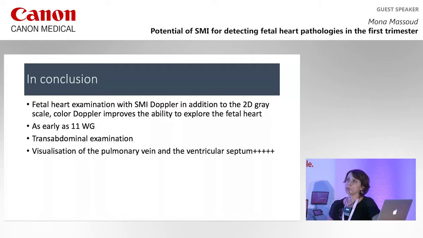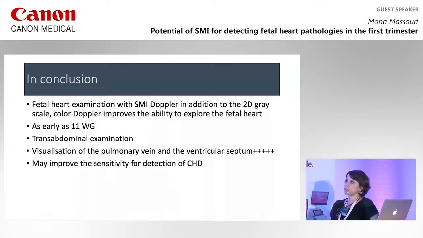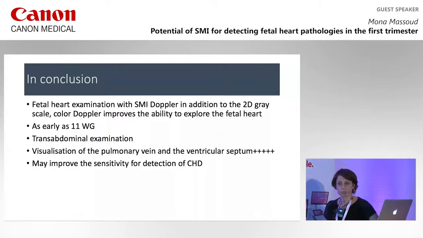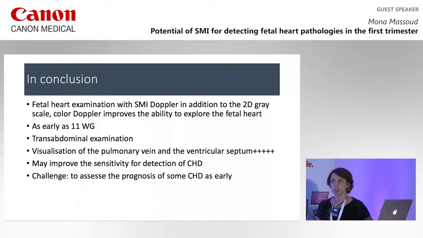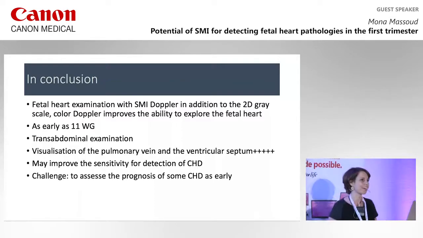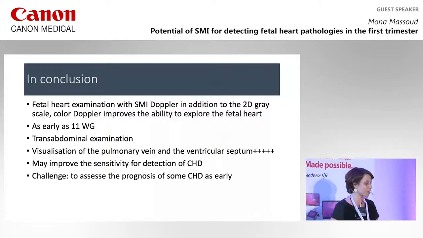With this mode, we can visualize the pulmonary vein and the ventricular septum as early as 11 weeks of gestation. And this Doppler may improve the sensitivity for detection of congenital heart defects. The challenge is to assess the prognosis of some congenital heart defects as early as the first trimester. Thank you.